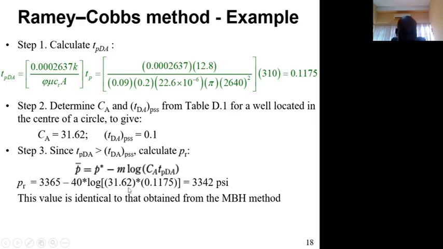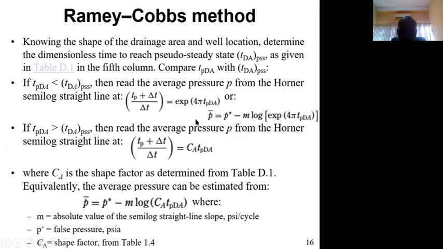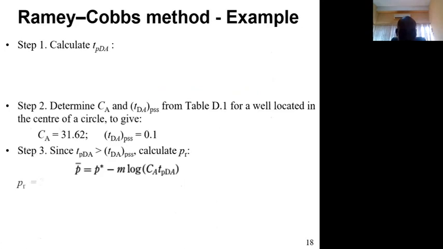This is the shape factor for a circular drainage area with the well centrally placed, and this is your producing time, and this gives 3342. This will be different if your producing time did not get to pseudo steady state, and in that case, you will need to use this relationship, or otherwise use the second relationship.